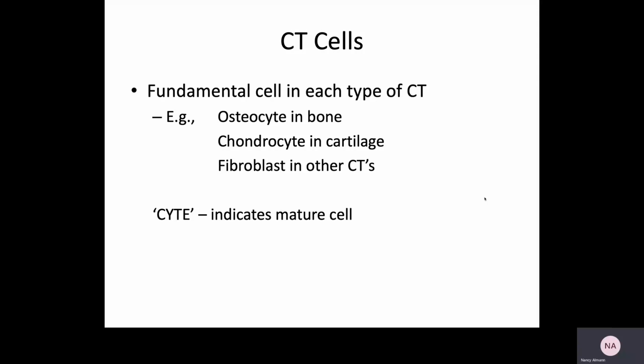Remember these prefixes, suffixes, and roots of words because they will help you on any assessment, including boards. Chondro for cartilage, cyte for mature cell. So you have chondrocytes that are surrounded by the matrix of cartilage. And then we have fibroblasts in most of the other connective tissue. We'll talk more about fibroblasts as we go through this section.